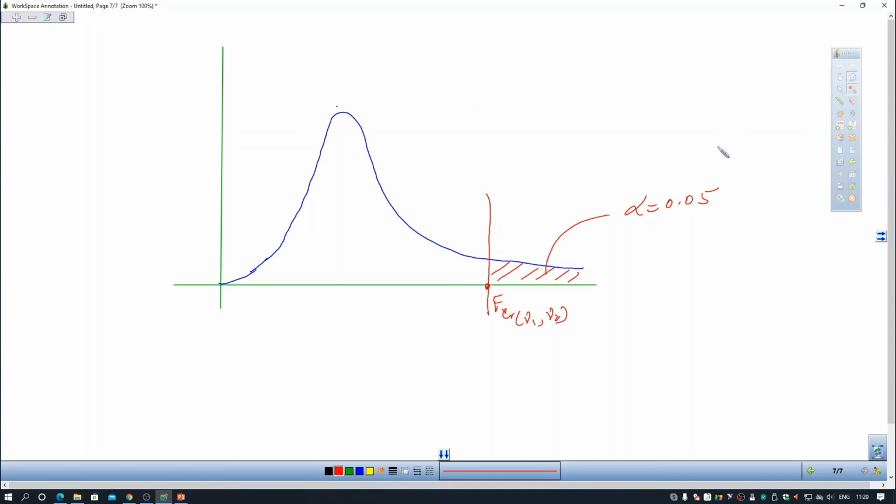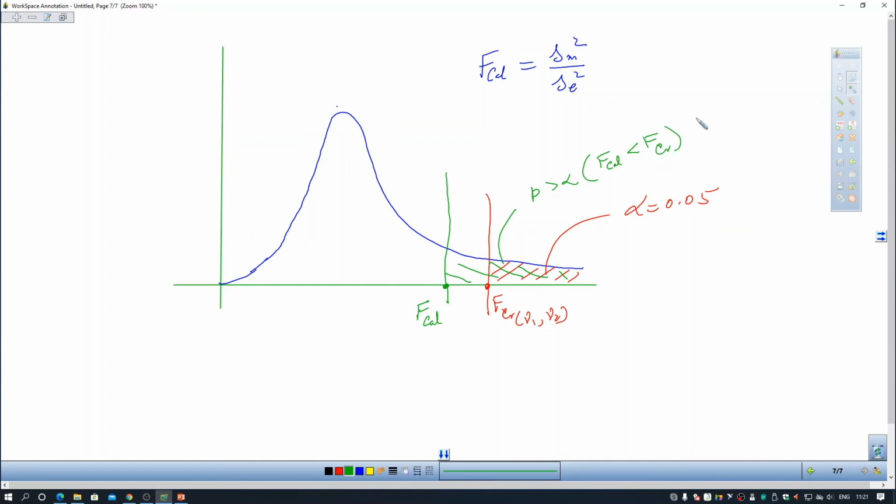If now the calculated value F calculated, which is nothing but variance due to machine square upon variance due to error square, if suppose it is over here, so if F calculated is over here, it means that P value is more than alpha, and thus likely F calculated is less than F critical.